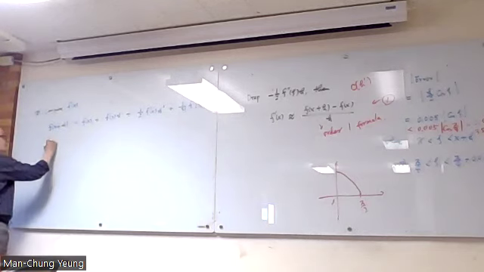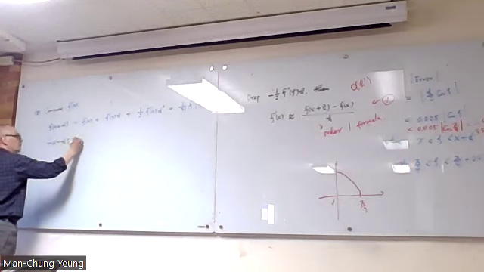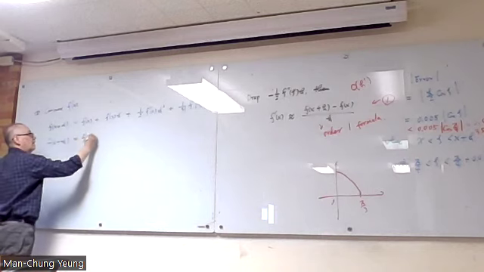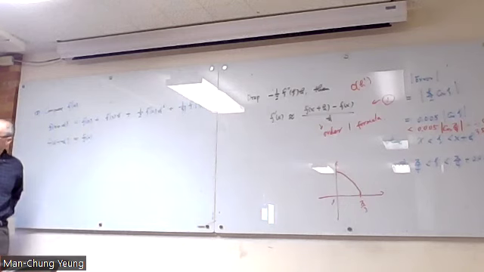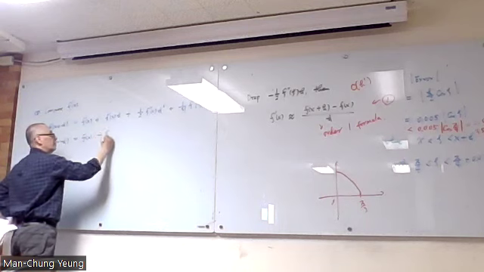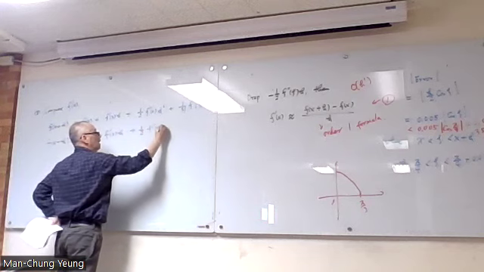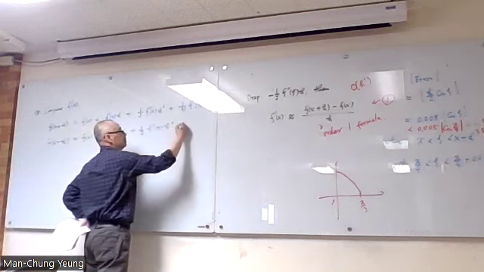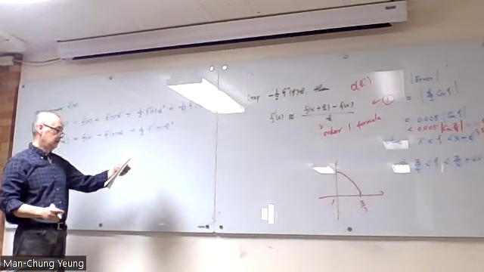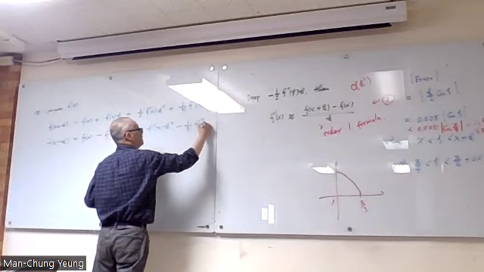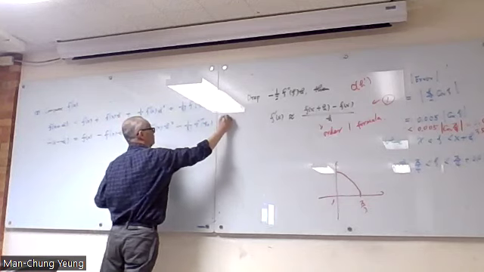I also expand x minus h. It is just replacing h by negative h, so minus 1 over 3 factorial, the third derivative at psi 2, times h to the third.